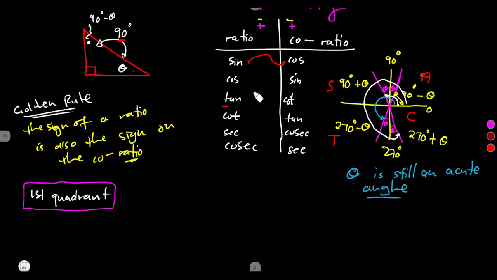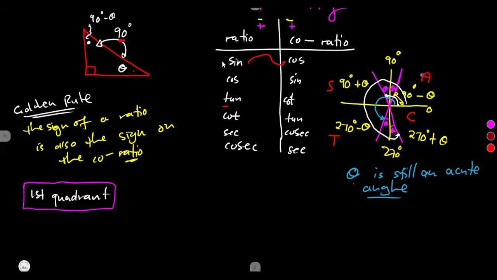So anyway, I was saying here, what we need is the first quadrant. So in the first quadrant, our angles are theta and 90 degrees minus theta, and we are talking about all being positive. I'm not going to talk about everything, guys, the cosec and so on. I'm just going to talk about a few.